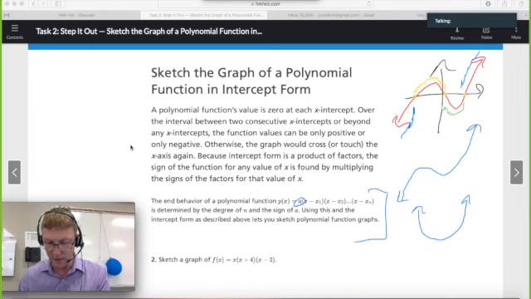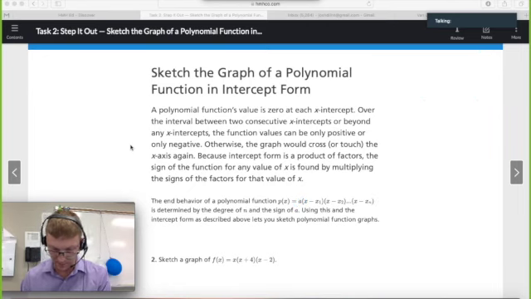And of course, a negative sign would then just flip them around. So that's basically what it's saying. And then because intercept form is a product of factors, the sign of the function for any value of x is found by multiplying the signs of the factors for the value of x. And I'll show you that here in a second.